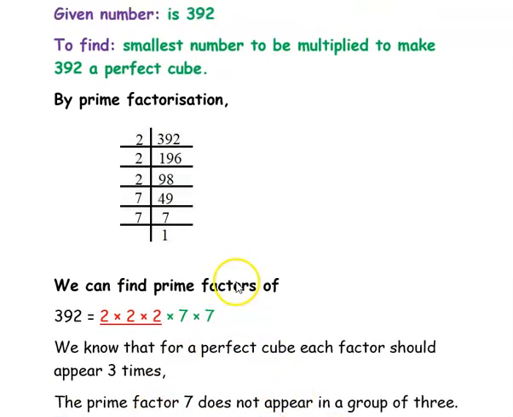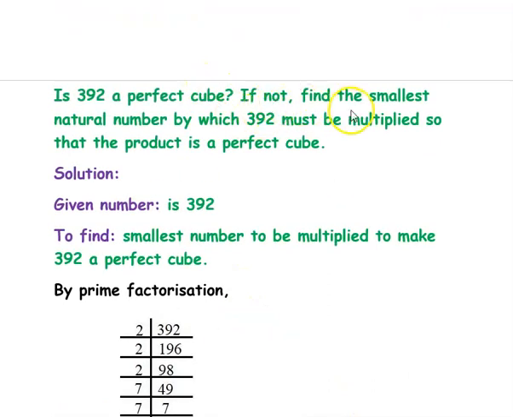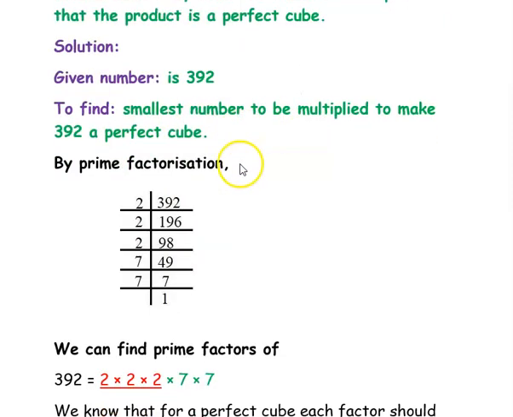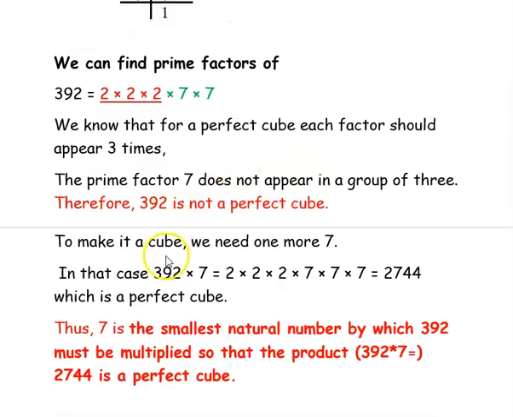This is our first question. Then the second question is, we want to find the natural number by which this must be multiplied to make the product a perfect cube. To make this a cube, we need one more 7, because we have only 2 sevens. If you multiply with one more 7, then the given number will become a perfect cube.